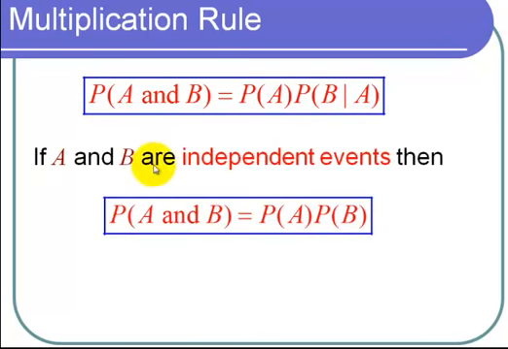But if A and B are independent, and in the case of replacement, A and B are independent, but there are other cases also, then the probability of A and B is equal to the probability of A times the probability of B. So an example of 2 events being independent: let's suppose I flip a coin and then I roll a die. And let's suppose A is the event that the coin is a head, and B is the event that the die rolls a 6.